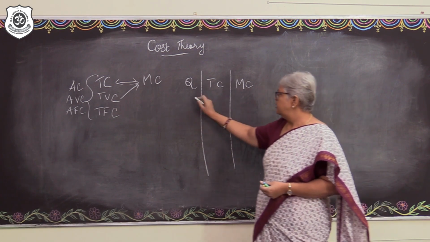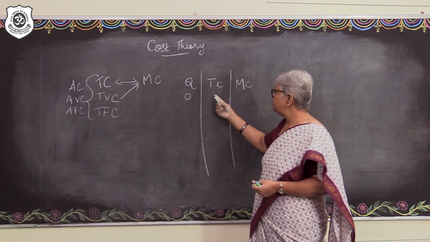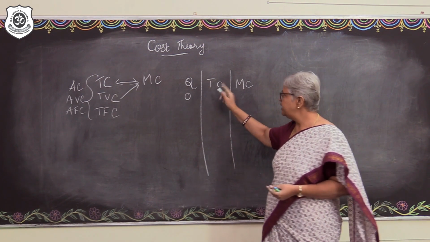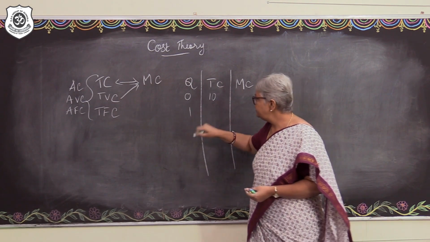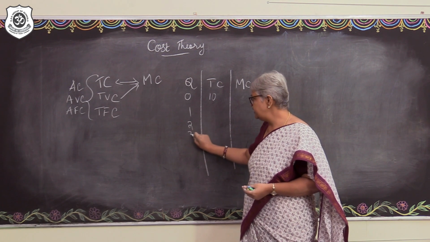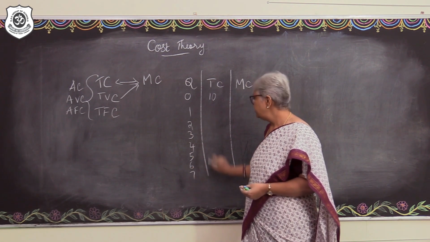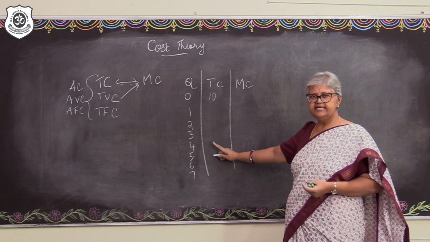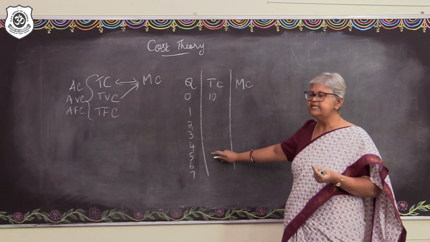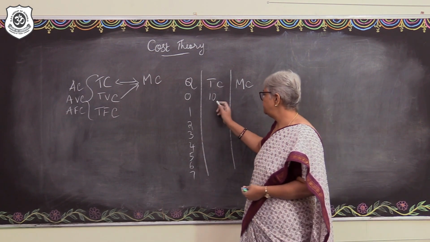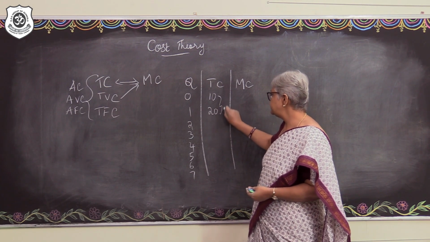Alright. Zero level of output, you know that total cost might be some particular amount, and when the level of output is going to increase one after the other, you know that the total cost initially increases at a decreasing rate and then starts increasing at an increasing rate. Yes? So let's say this is going to be 20, right?